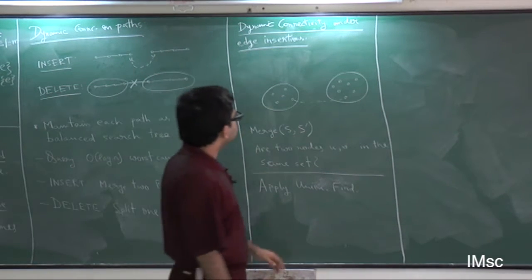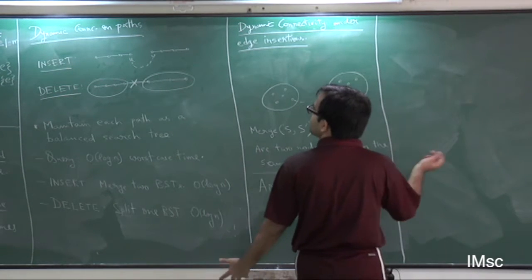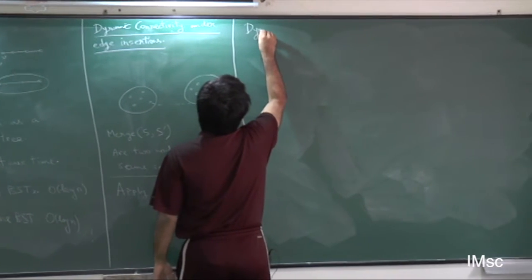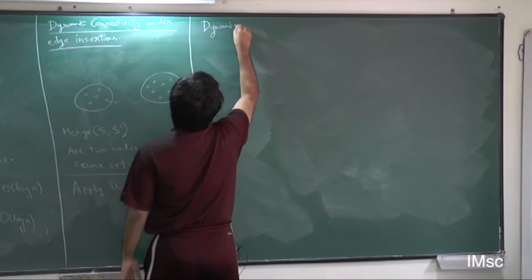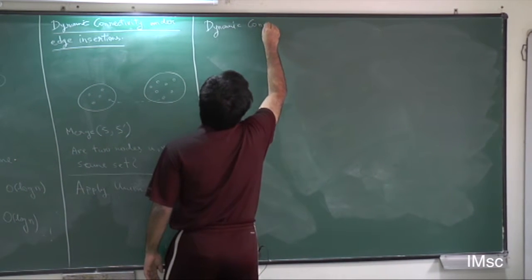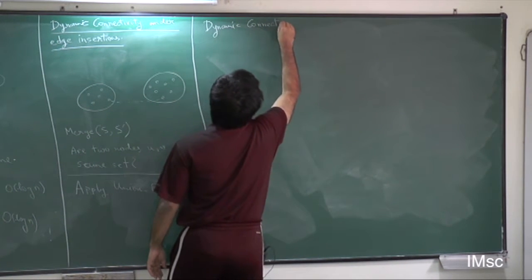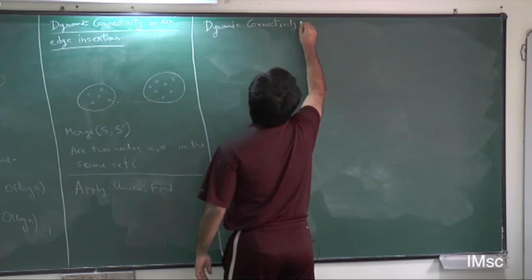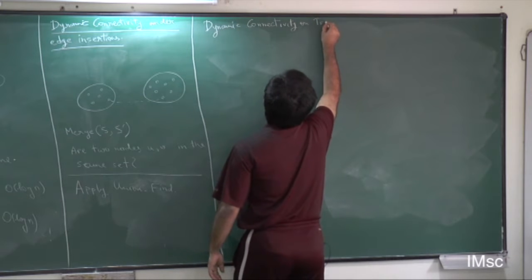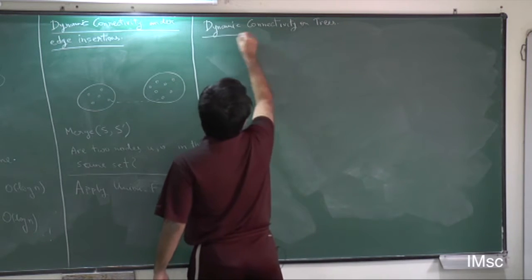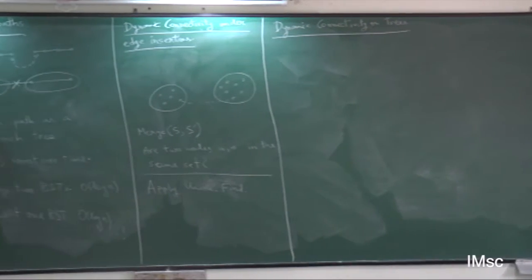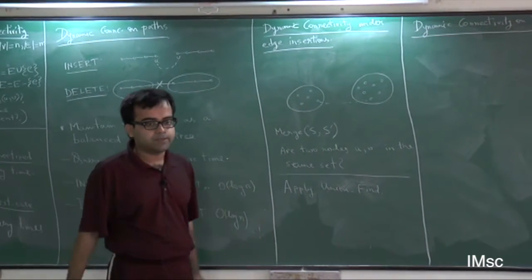So, now the next special case is going to be dynamic connectivity on trees. In this case the adversary guarantees you that each connected component will just be a tree.